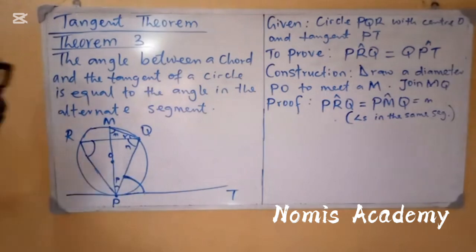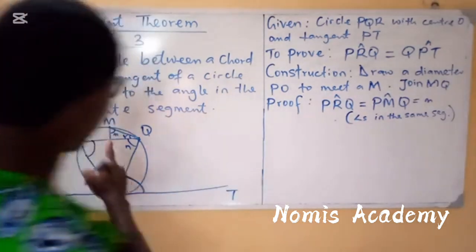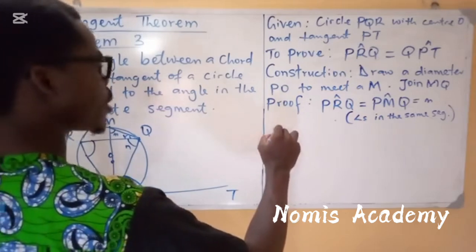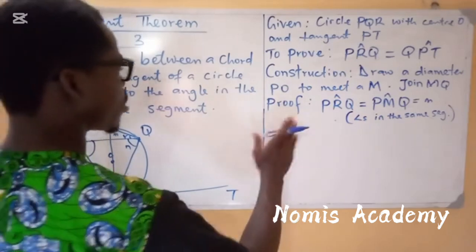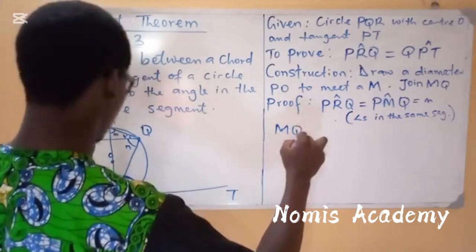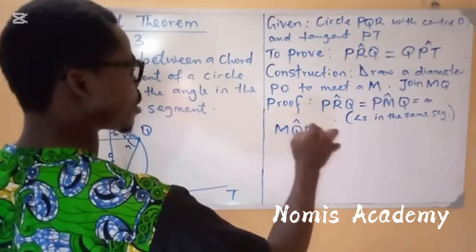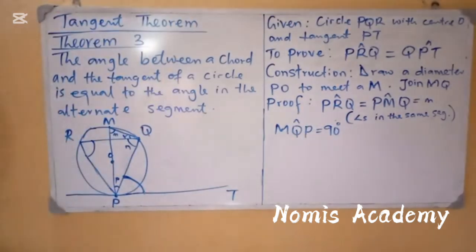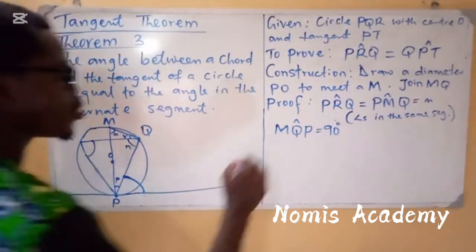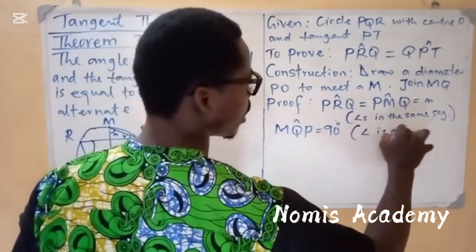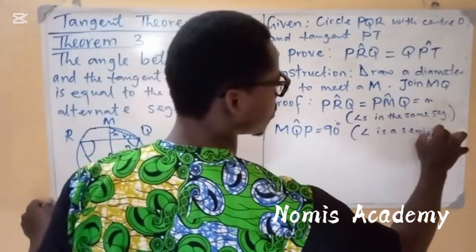Okay, let's proceed. We also note that angle MQP is equal to 90 degrees, which is the angle in a semicircle.